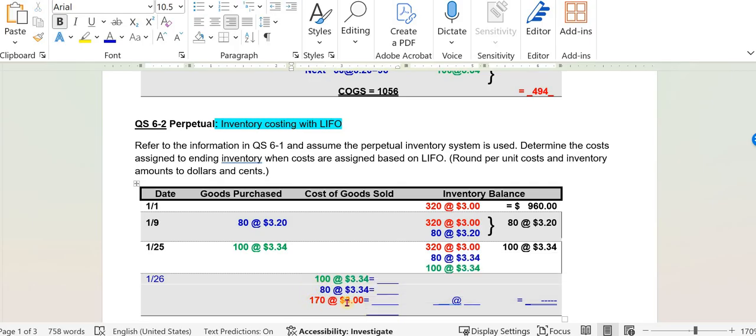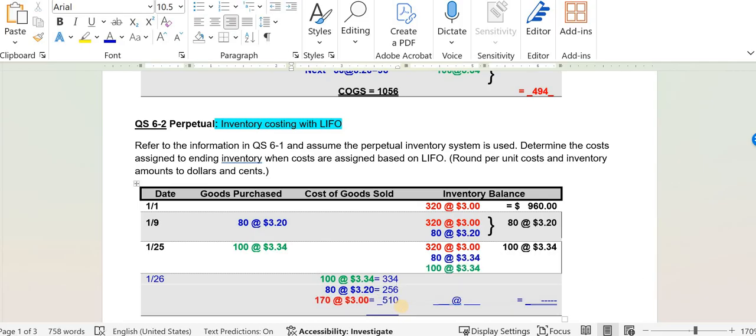Now that's totaled up to 350 units. Now, 100 times $3.34 is $334. 80 times $3.20 is $256. And 170 times $3 is $510.